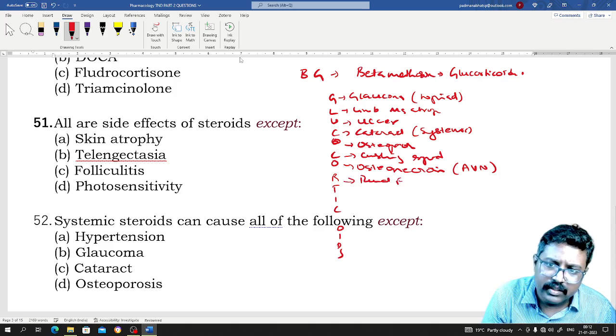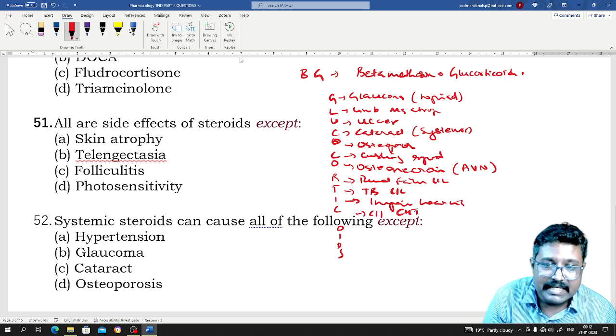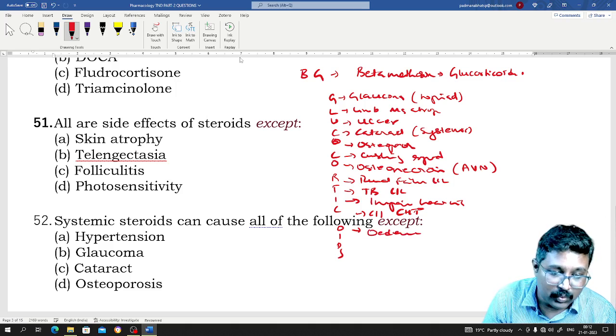Renal failure, it is contraindicated, and in case of TB it is contraindicated, and it will lead to impairment in the hearing ability, and they are contraindicated in case of CHF. O stands for, it can lead to edema as well.